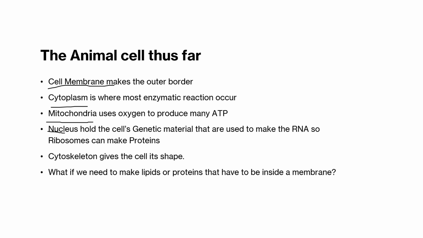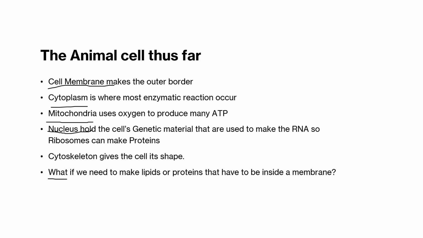We've talked about the nucleus, which holds genetic material, which can be used to make RNA so that the ribosomes can make proteins. We have the cytoskeleton, which gives a cell its shape. Cyto, again, cell, skeleton, the inside structure.